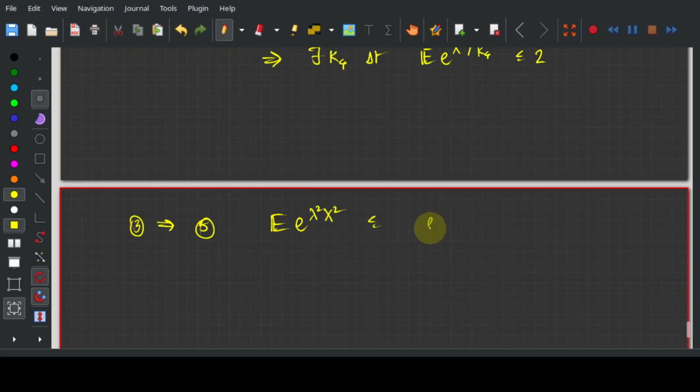So this is less than or equal to e to the some k4 square lambda square for k3. Suppose that this is true. I want to show that this random variable is Subgaussian. So in other words, expectation of e to the lambda x is less than or equal to some e to the some constant times lambda square.